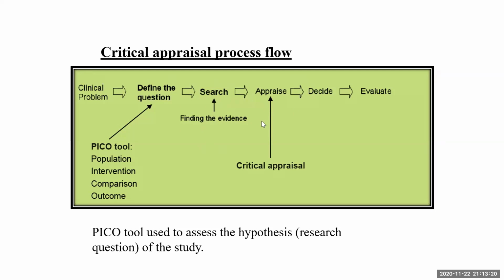And then we move on to the appraisal process, appraising these findings or evidence and performing the critical appraisal process, and then decide the conclusion and evaluate the evidence that we get from these studies. So the PICO tool is used to assess the hypothesis or the research question of the study, and can also act as a guide to formulate the question of the study.